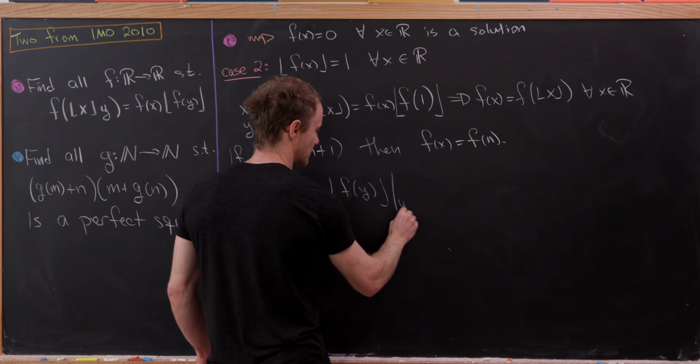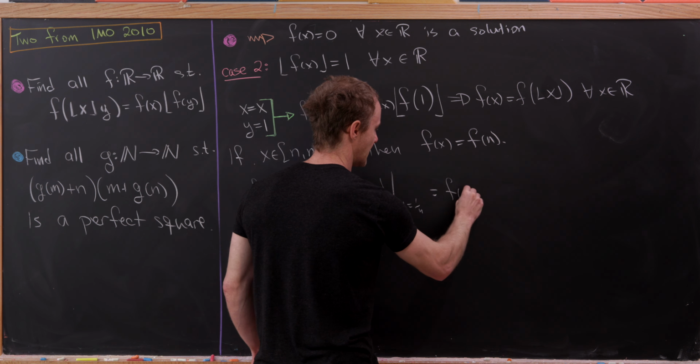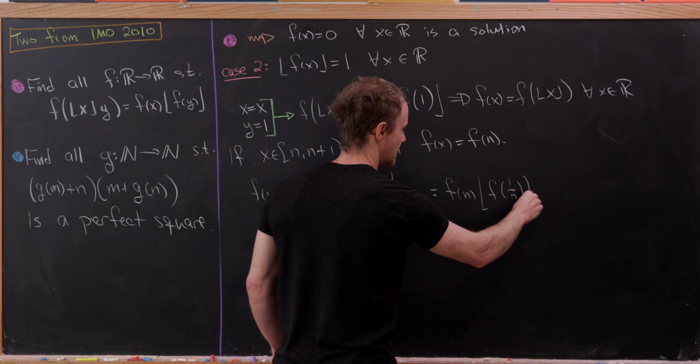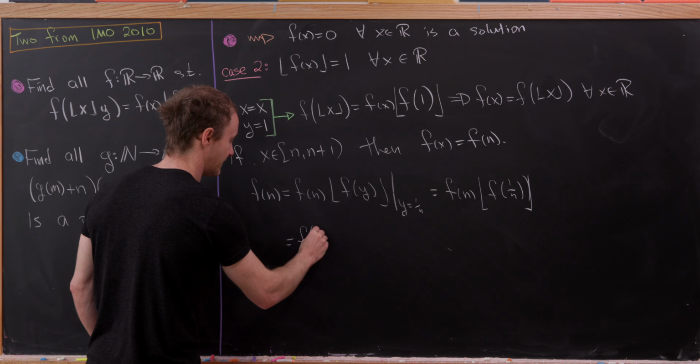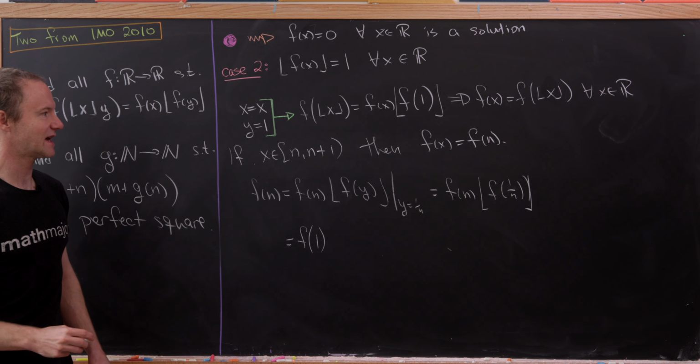So let's set y equal to 1 over n, and we have this is equal to f of n times the floor of f of 1 over n. But then by our functional equation, we see that that's equal to f of 1. But, well, what does that tell us?